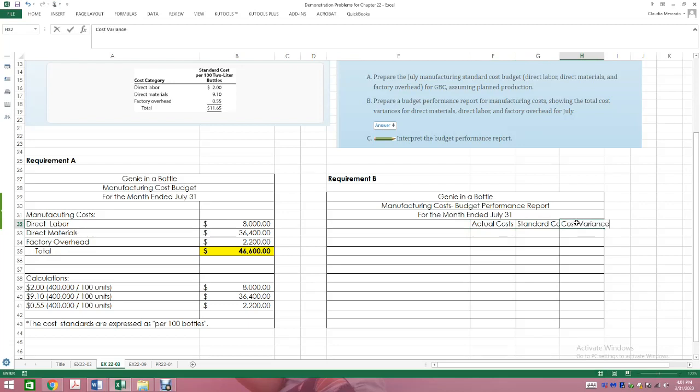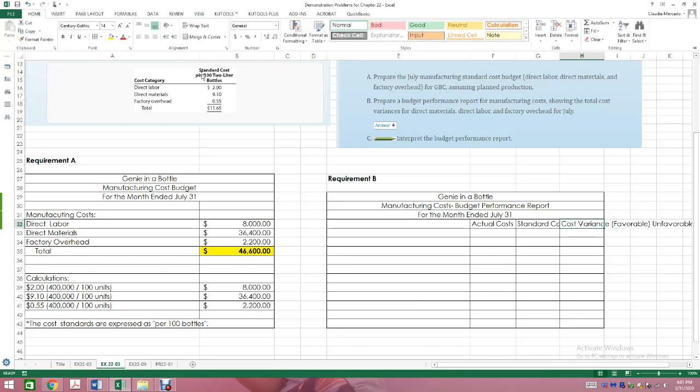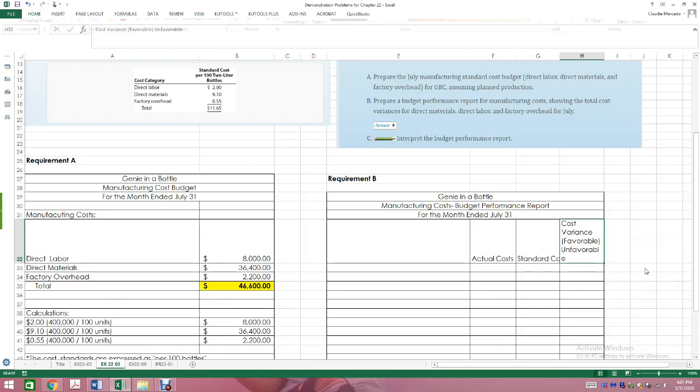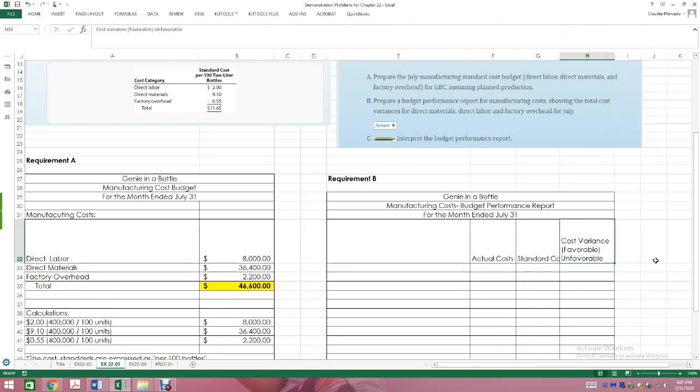Now, if it's favorable, it's going to be in parentheses, and unfavorable will not have parentheses. So the cost variance is going to be either favorable or unfavorable.